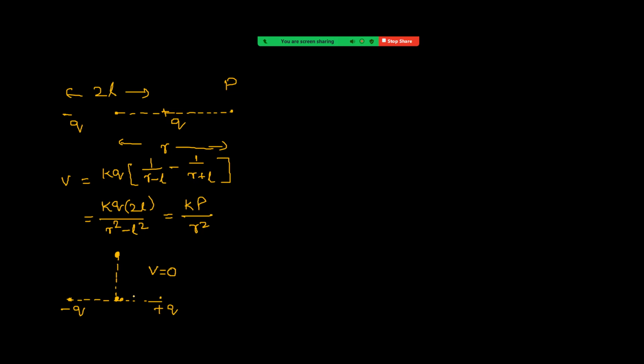I am repeating, that surface becomes an equipotential surface. Okay. Right. Now let us generalize. We got on axial line kp by r square, and on the bisecting line potential is zero. Let us now take a general point.